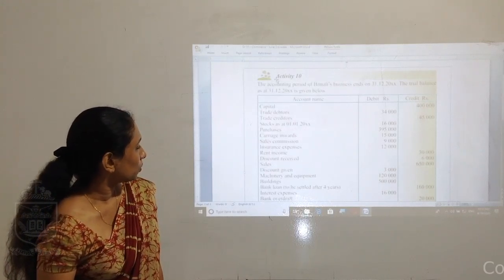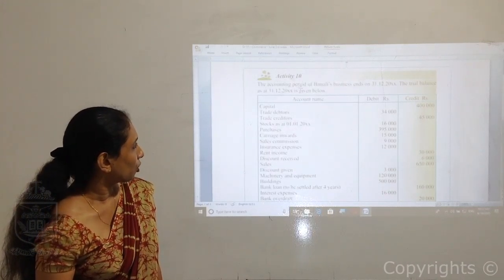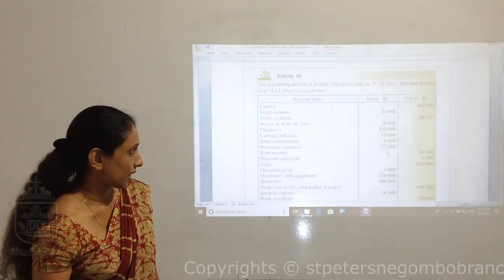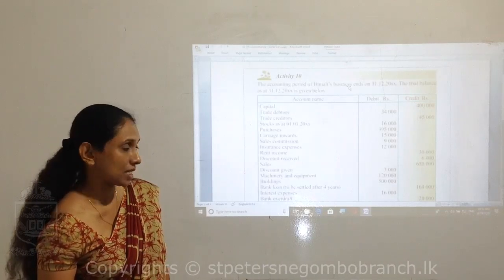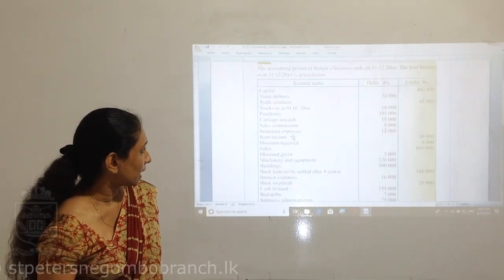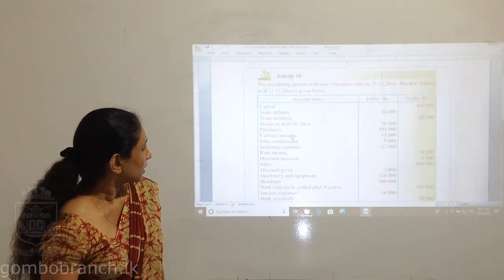This question is for Bimali's business. The trial balance is extracted from Bimali's business's books. In the trial balance you can see there are several line items given.